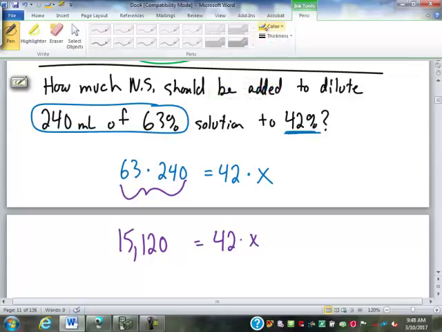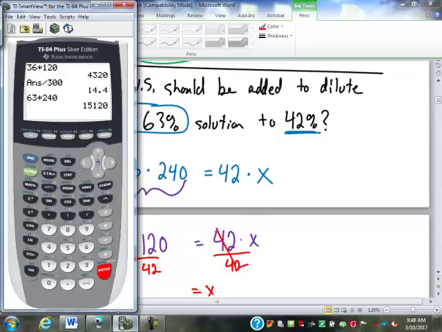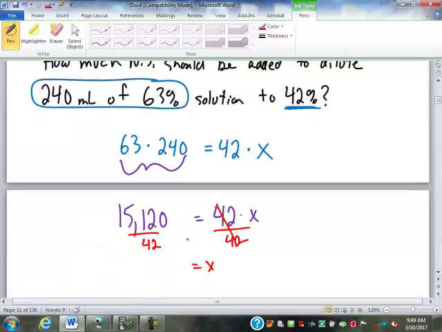Then, of course, we divide by the 42. That's 360. Is that our answer?